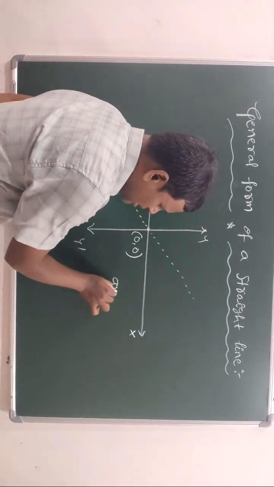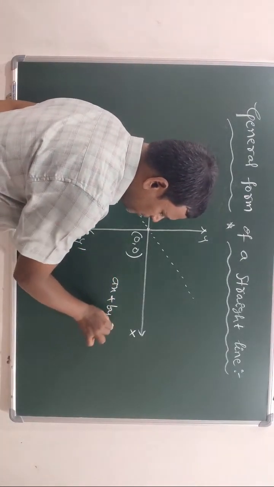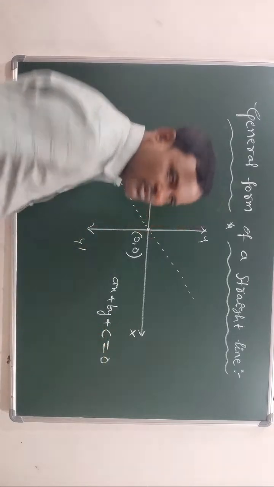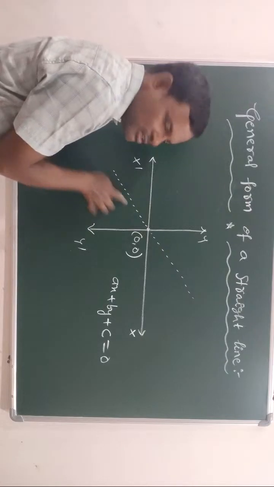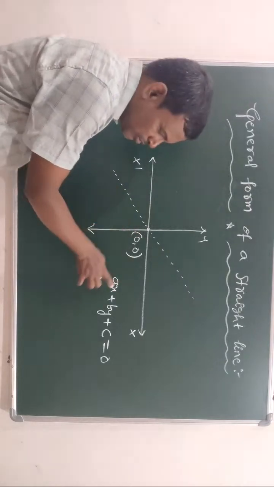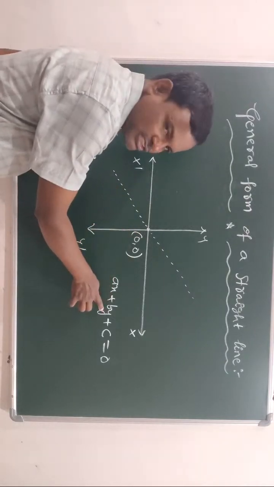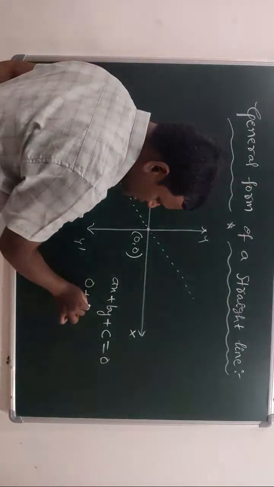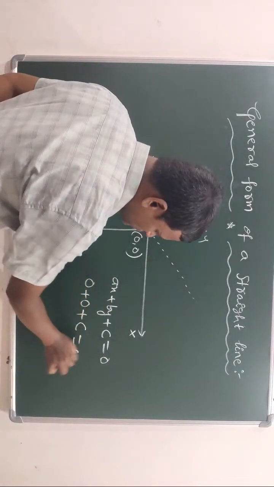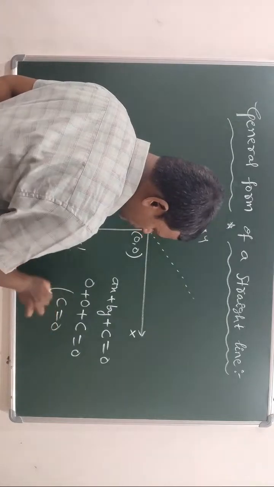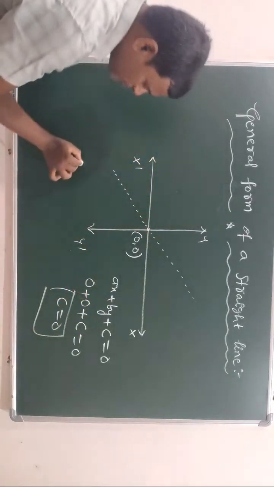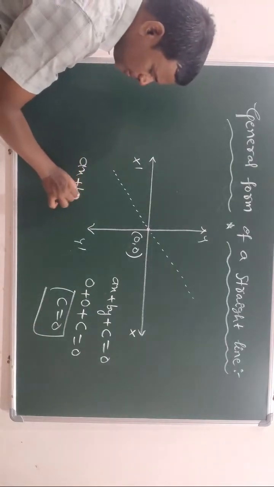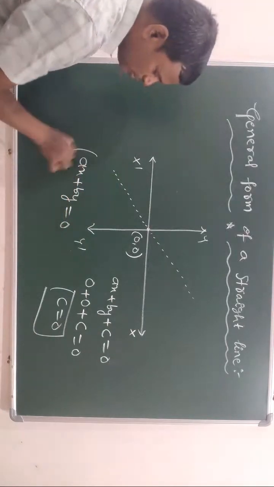See, ax plus by plus c equal to 0. So here one of the points is known to us as 0 comma 0. Now replace x by 0, y by 0, so that you get 0 plus c equal to 0. c is equal to 0. If you write c equal to 0 here, then it becomes ax plus by equal to 0.